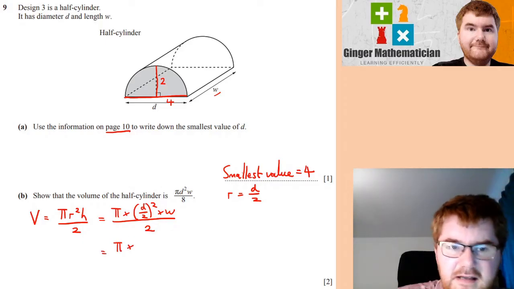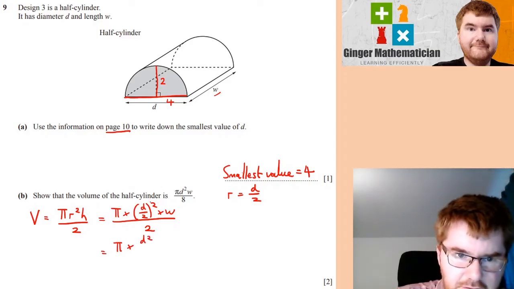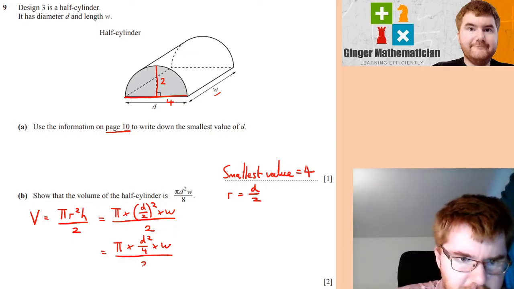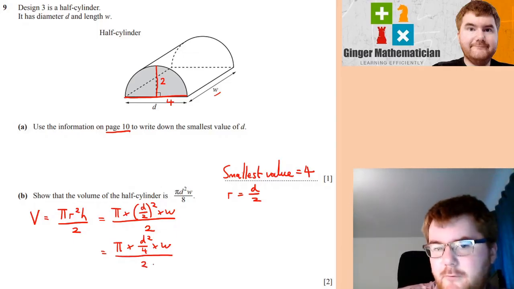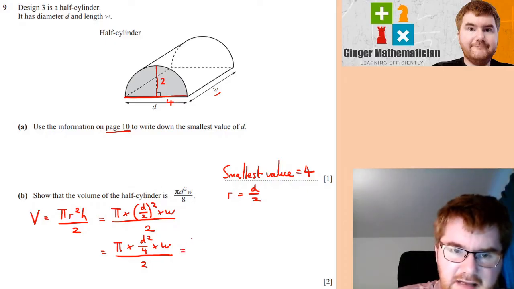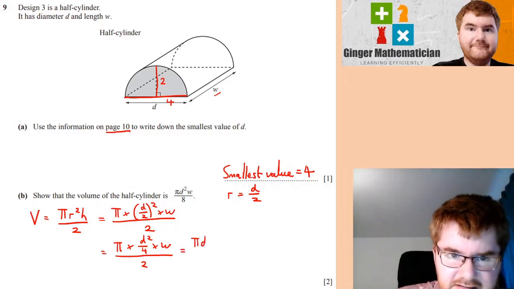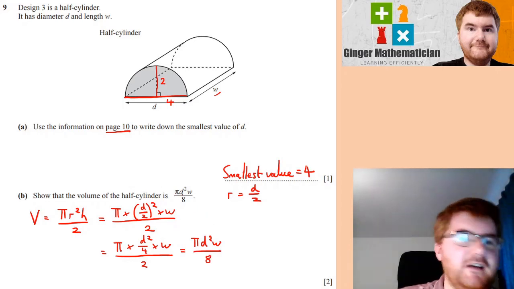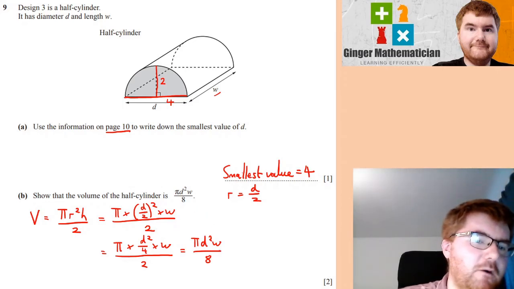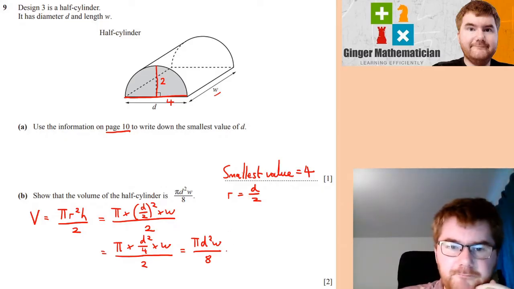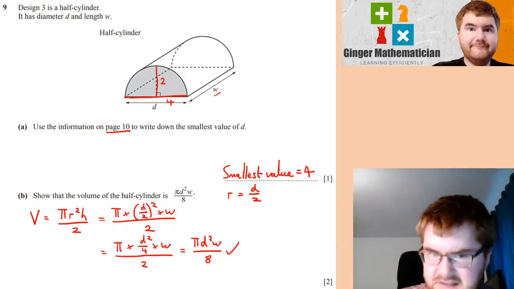So remember, D times D, that's D squared. 2 times 2 at the bottom is equal to 4, times W over 2. And now we can bring the divide by 4 downwards. So we then get the formula that we're looking for, which is pi d squared W over 8. This is one of those where you can use the show-that to actually help you with some of the calculation here as well. So we do get the formula that they wanted.